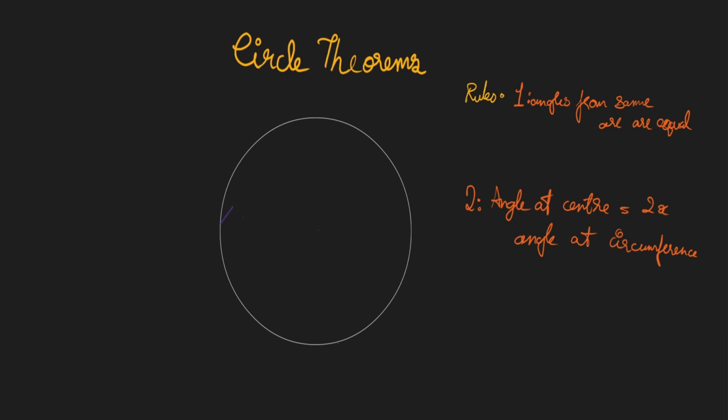The next rule pertains to cyclic quadrilaterals. A shape is considered cyclic if all its points lie on the circumference of the same circle.